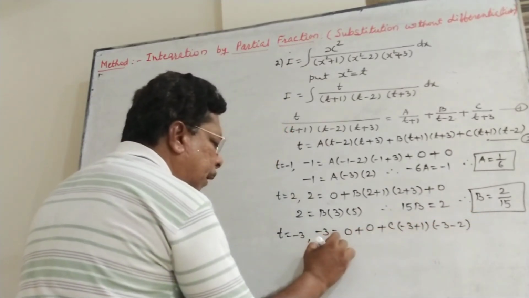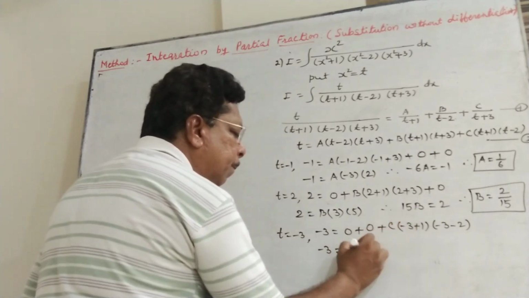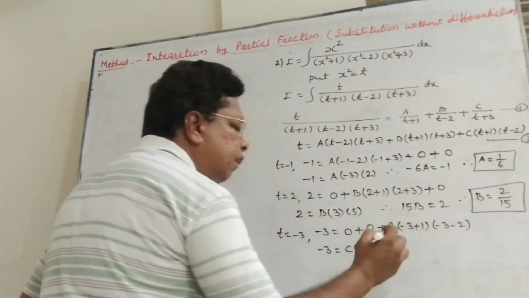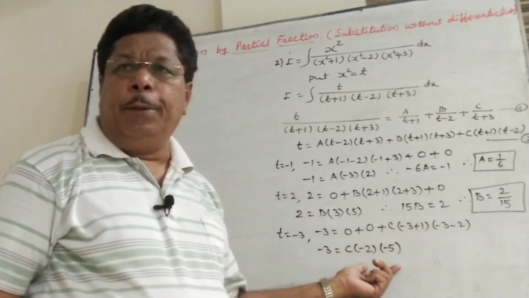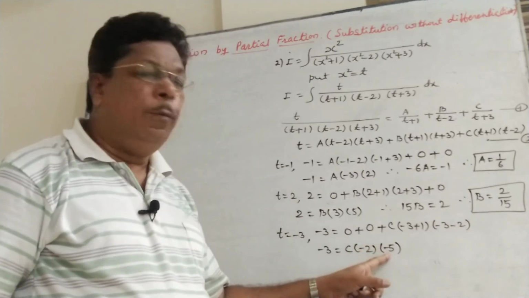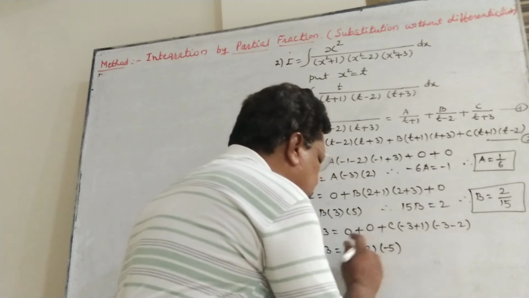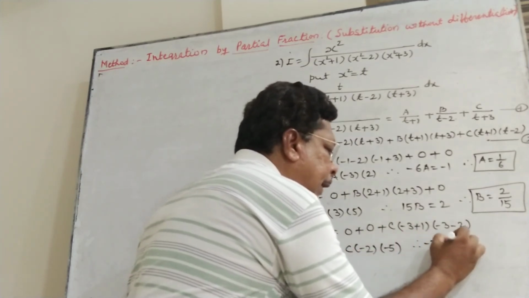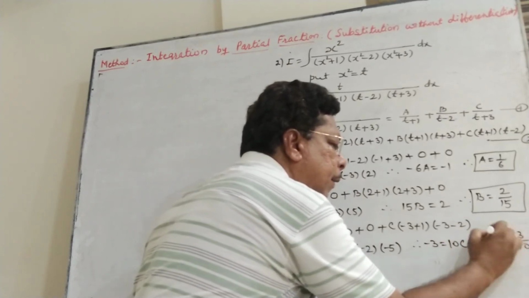So this becomes minus 3 equal to c into minus 2, minus 5. Now here the product of two negative numbers is positive. Minus 2 into minus 5 is 10, so 10c. So minus 3 equal to 10c. Therefore c is equal to minus 3 upon 10.